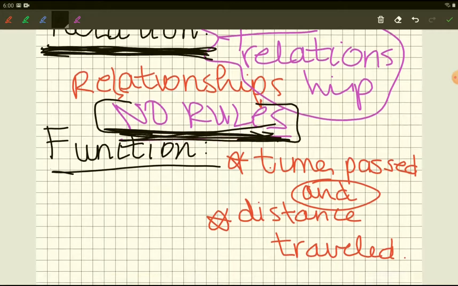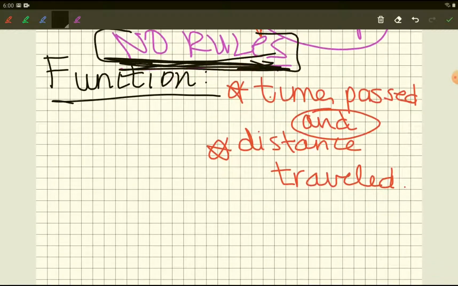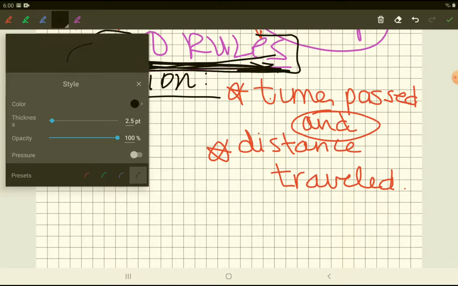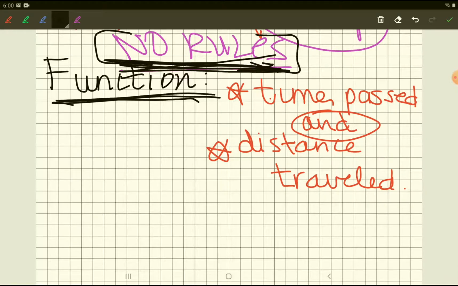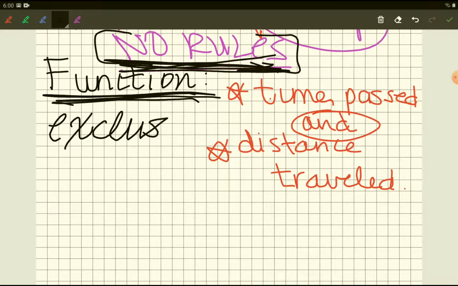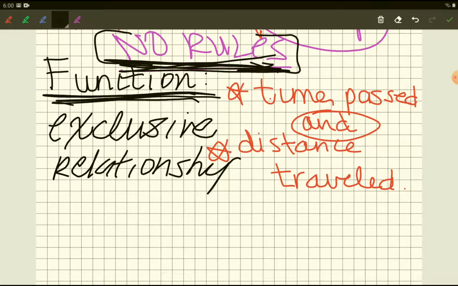Now you can think of functions as an exclusive relationship, where there are certain things that two people can't do, that they don't want to do with other people, so they're only focused on that one person.